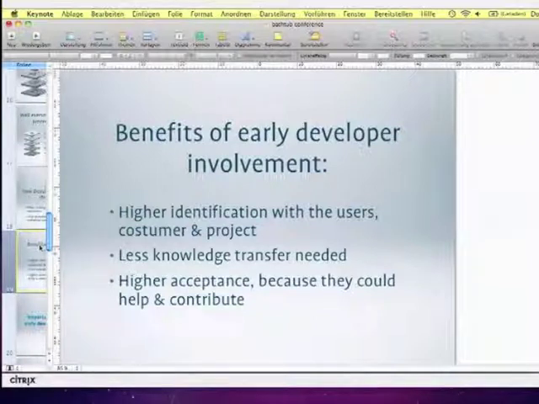So, for example, if you have a holiday resort website and your customers are a family of four, an elderly retired couple and a young snowboarder, these people will all have names, and the developers will be able to relate to them. So if they can contribute in coming up with these concepts, it really benefits not only the project, but it's also beneficial for the developers themselves.